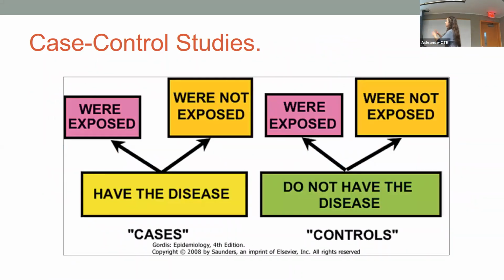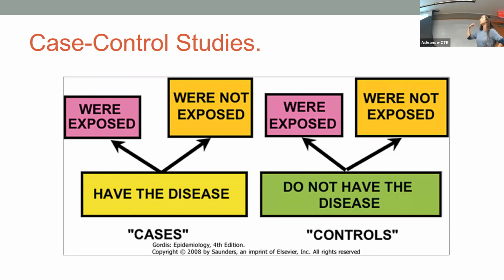So again, this looks a lot like the cohort study diagrams that we looked at. For case control studies, you're going to have one group that has the disease and another group that does not. But since you're looking at some sort of binary exposure, you're going to end up with 4 groups. These 4 groups are very similar to the 4 groups we discussed with the cohort studies, but it's important to keep in mind that here you're classifying individuals with the disease first and then looking at the exposure status.